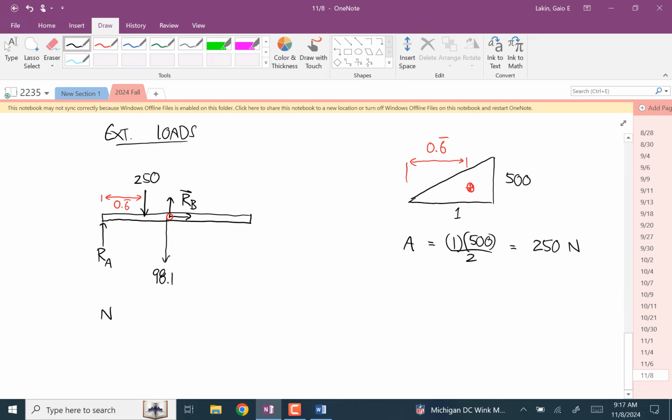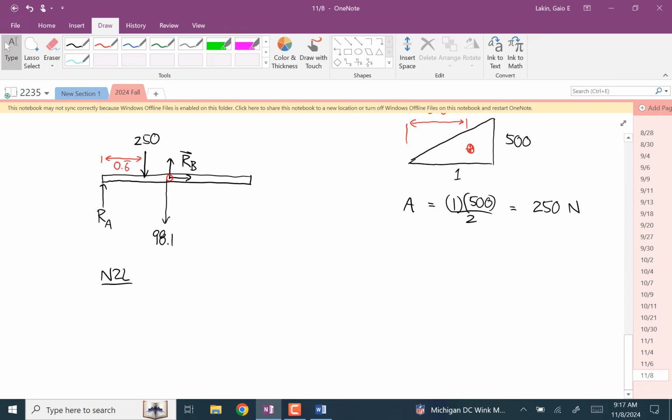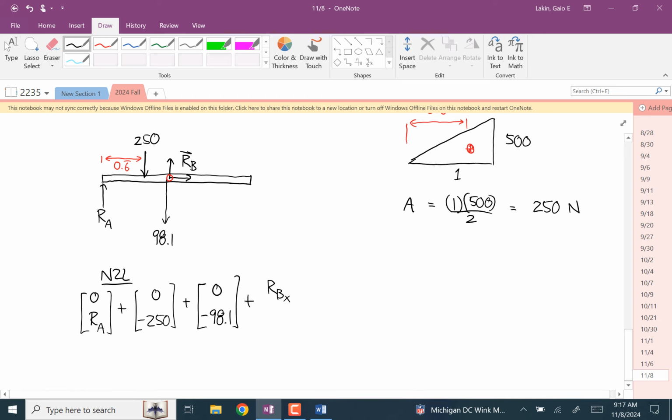Well, let's do Newton's second law first. So we have 0 RA plus 0 negative 250 plus 0 negative 98.1 plus RBX, RBY is equal to zeros.